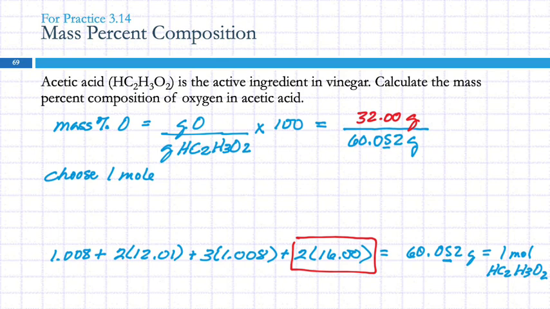So there's 32 grams in 60, right? So 32 divided by 60.052 times 100. And I should have 4 significant figures based on the molar masses that I used. And so 53.29%.